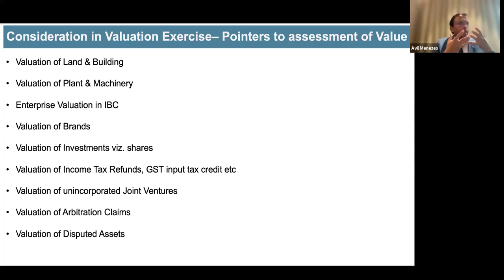Now, in another case of an EPC, the valuer said that I'm not in a position to value the arbitration claims, because I need a legal opinion. Getting a legal opinion is again a costly affair, and it will not also suffice, because even the legal opinion will have its own caveats and disclaimers.